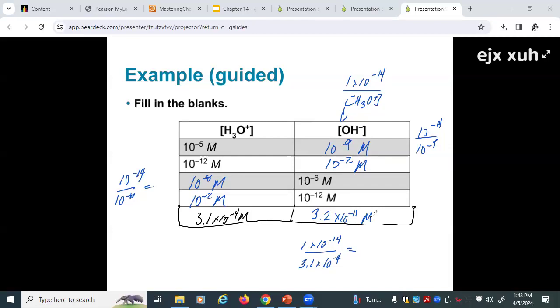If you're sloppy with your parentheses, or if you don't use the scientific notation button correctly, you might get an answer more like this, 3.1 times 10 to the negative 19. Very different answers.